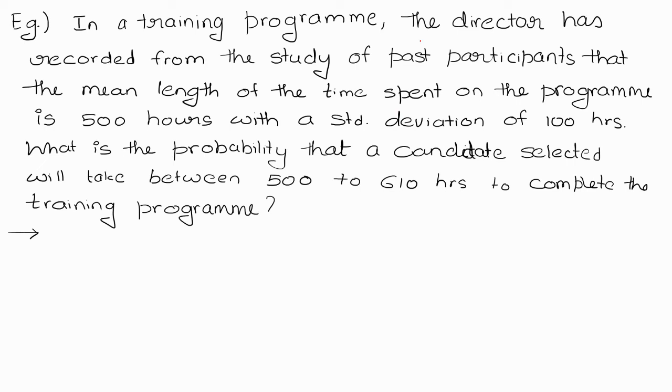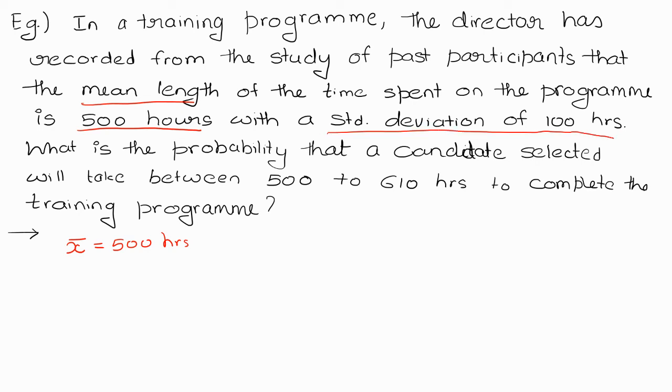In a training program, the director has recorded from the study of past participants that the mean length of time spent on the program is 500 hours. Mean length is 500 hours, so it is directly understood that x bar is equal to 500 hours, with a standard deviation of 100 hours.